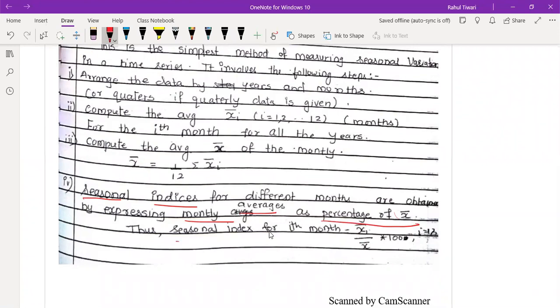We have a formula: x bar i upon grand x bar, that is the average upon the grand average, multiplied by 100. I runs from 1 to 12 because it is monthly data. If it is quarterly data, it will be 1, 2, 3, 4.